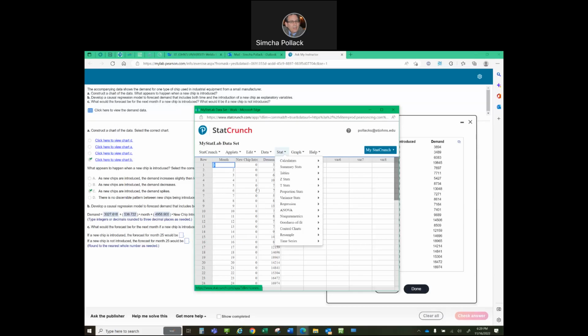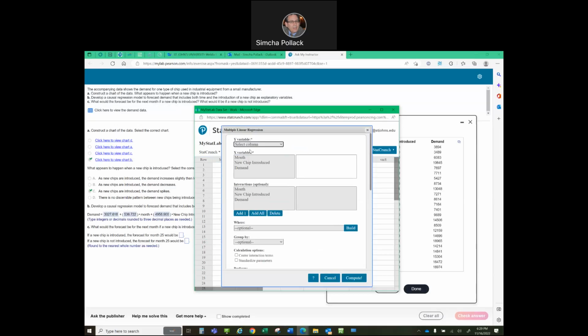Now notice that the new chip introduced is not yes or no, it's 1 and 0, which makes our life easier. We don't have to translate it into 1s and 0s, which we would need if we were doing this numerically, but the book already has it for us. So go to Stat, Regression, Multiple Linear. We're trying to predict demand.